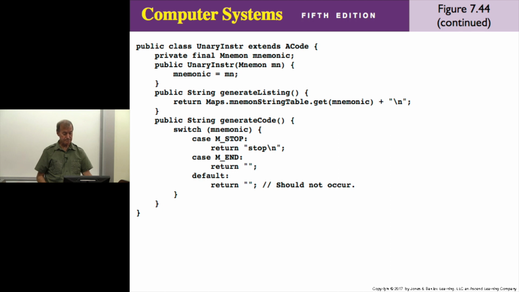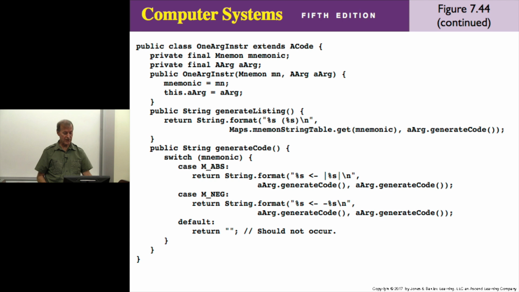And because it's unary, it doesn't have an argument. And then over here, this one argument instruction extends abstract code, and it has a mnemonic and an abstract argument, an arg. So this is just the code representation of what we saw in the UML class diagram a minute ago. And then each one of these has a generate listing and a generate code.